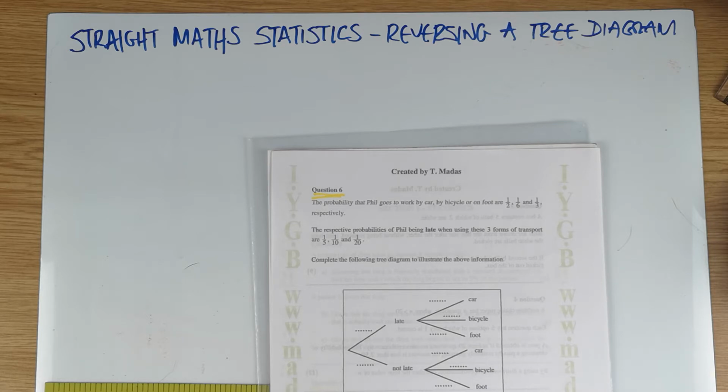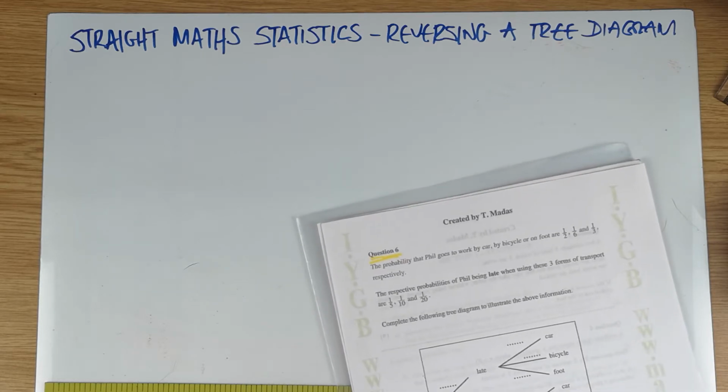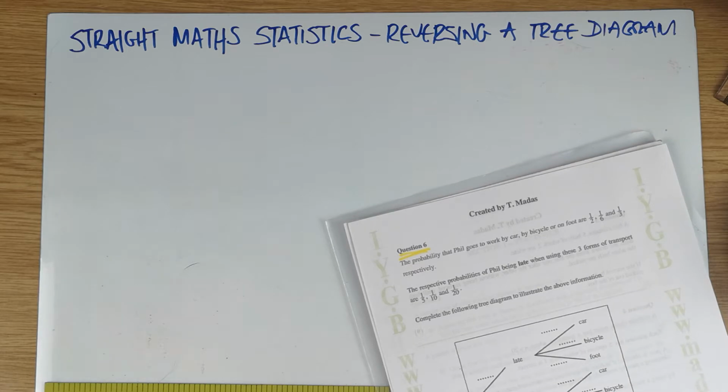So I'm going to make a hypothetical number and say, you know what, I'm going to have 120 pieces of data, 120 days where I use a variety of transport and I have a variety of outcomes in terms of being late and not late.